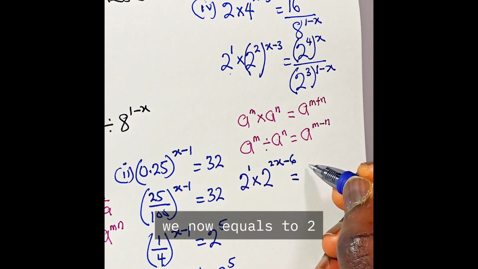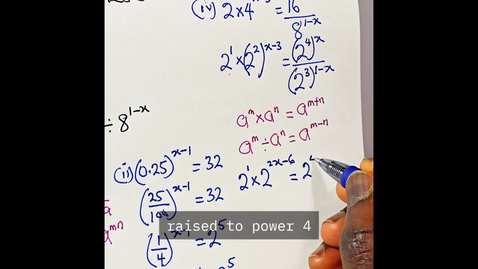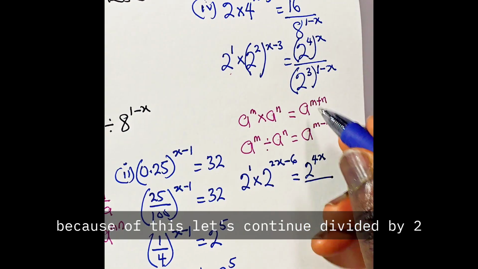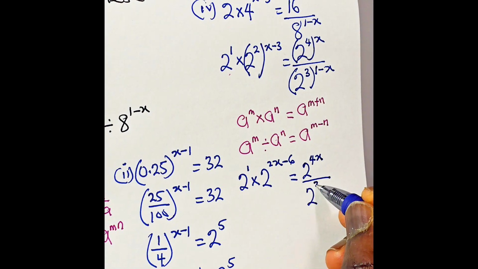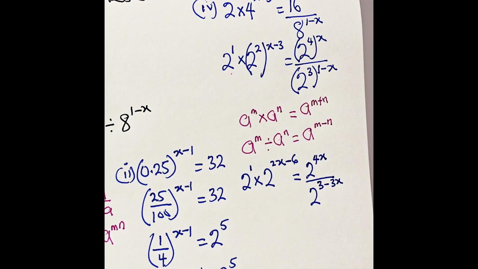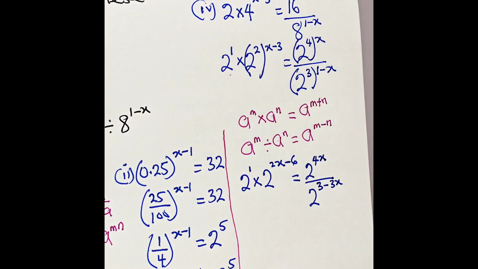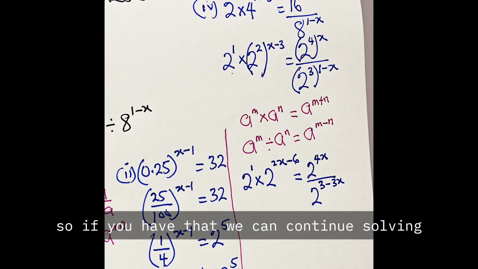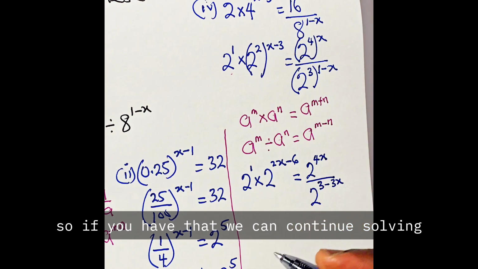We now equal 2 raised to the power 4x. Because of this, let's continue. Divided by 2 raised to the power 3 minus 3x. So if we have that, we can continue solving.